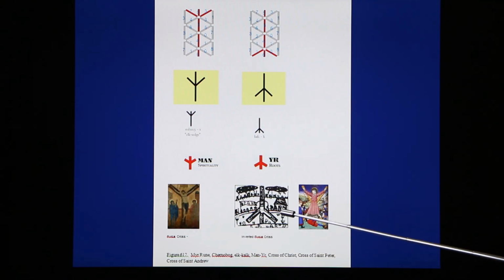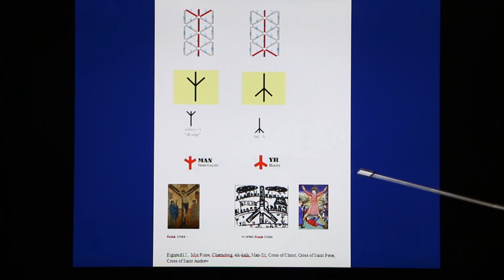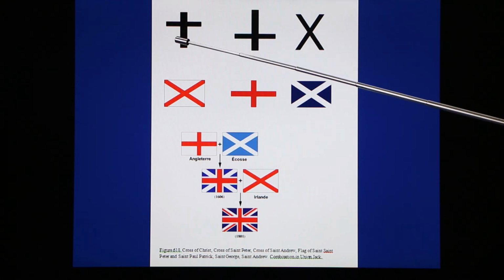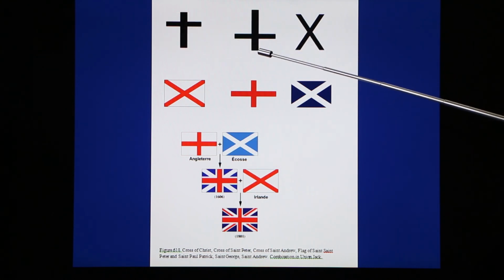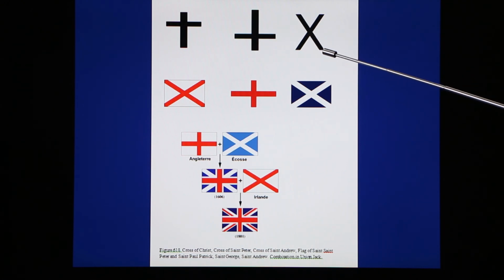crucified. The upside down one is the inverted cross on which St. Peter was crucified. And the X cross is the cross on which St. Andrew was crucified. I now take Christ's cross and St. Peter's cross and St. Andrew's cross.